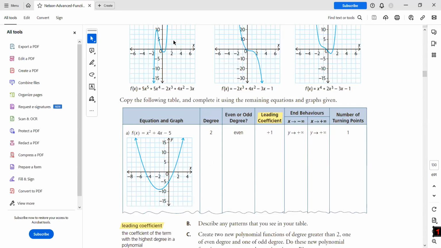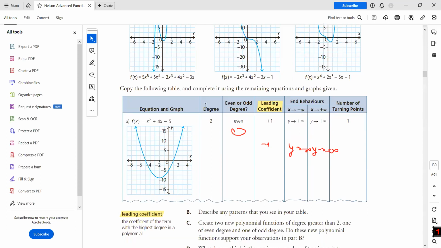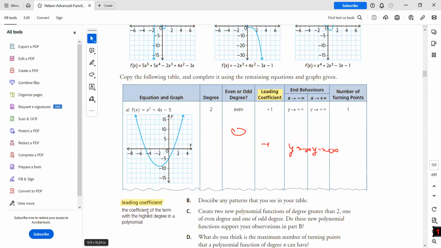If its leading coefficient were -1, the end behavior would be negative infinity on both ends, right? Because it's an even degree, both are the same, and whether they are plus or minus is identified by the leading coefficient. What is the leading coefficient as described in this book? The coefficient of the term with the highest degree in the polynomial.